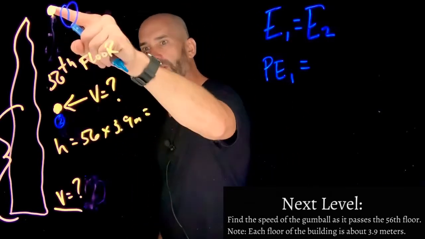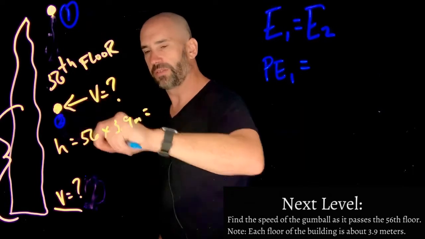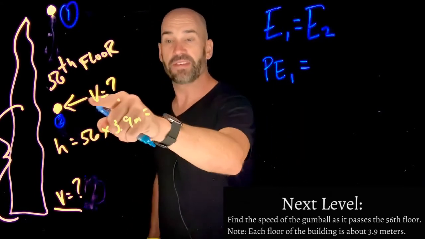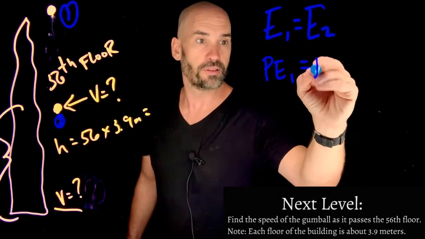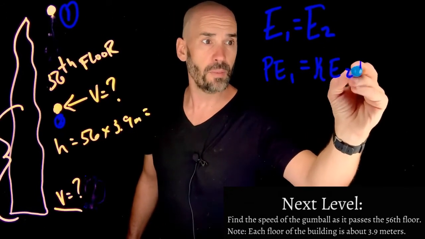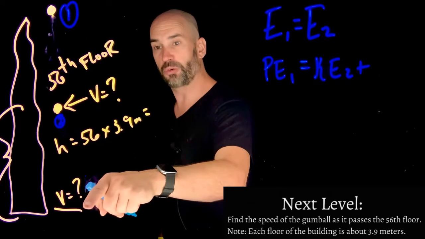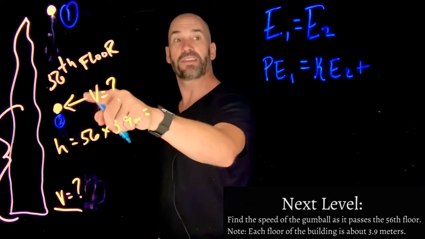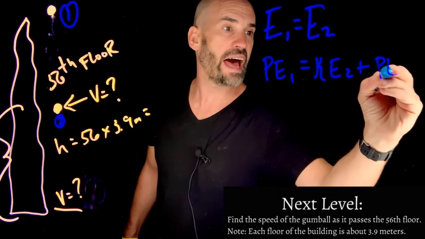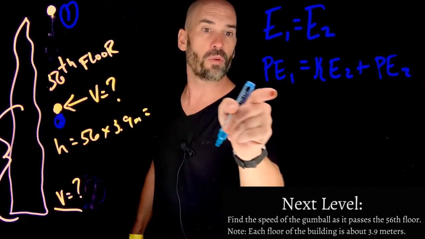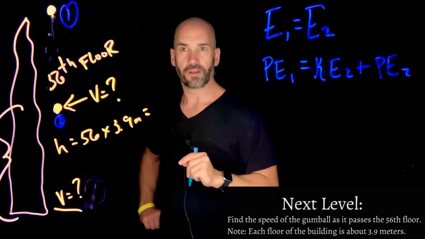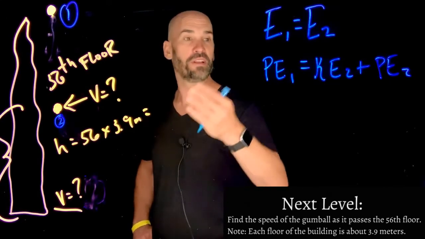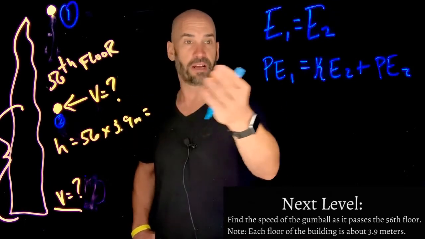Now, what about here? The gumball reaches this height right over here, okay? Well, in this case, obviously there's some velocity, right? So there must be some kinetic energy there. But unlike at the ground where the h goes away, there's a height here, right? So this gumball has potential energy as well. That pretty much is the only way this problem changes, okay? So we do step 3, which is just substitute in our formulas.